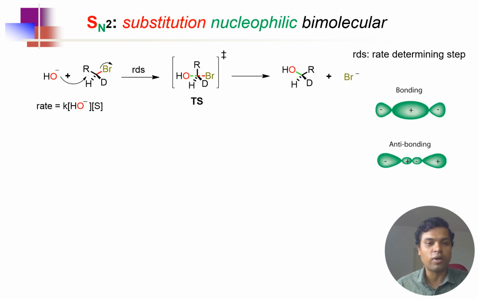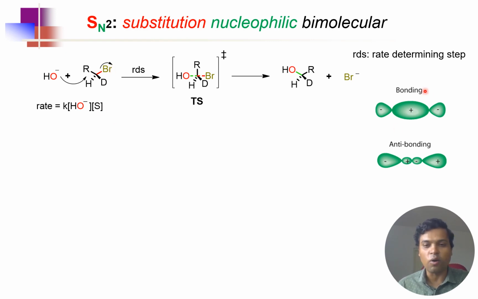First, we are going to talk about the substitution nucleophilic bimolecular, the SN2 mechanism. In the case of SN2, it is very important that the nucleophile comes from the backside of the carbon-bromine bond, or in other words, the carbon and leaving group bond. Why is it so?